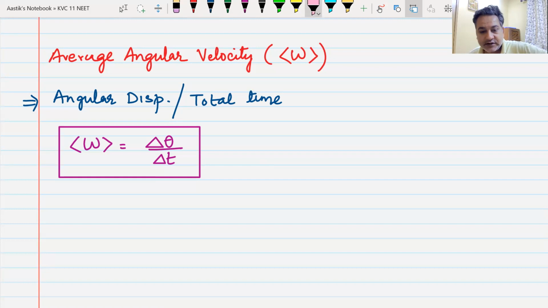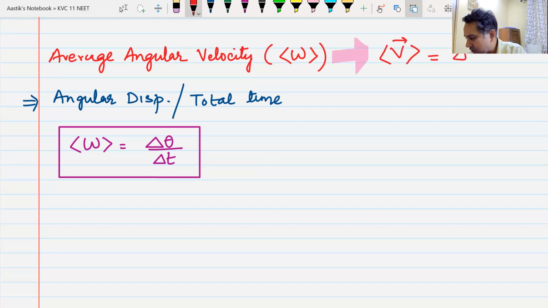What is this term same as? No one? Okay. This is same as average velocity.